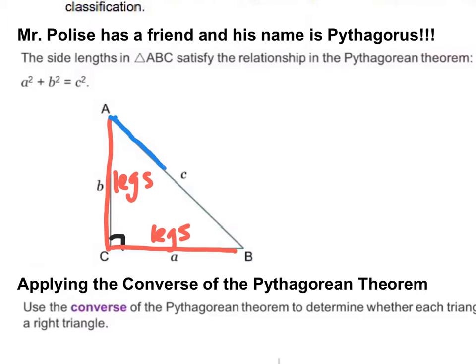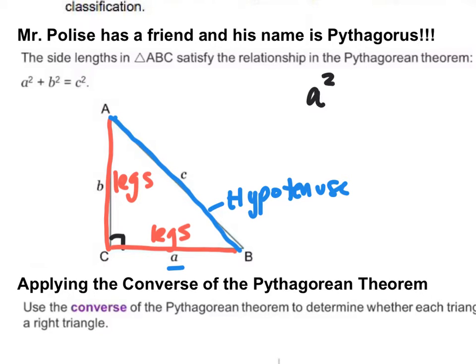And I'm going to call the side opposite the right angle the hypotenuse. What I know is that if I take length A and square it, and take length B and square it and add them, that's going to give me length C squared.